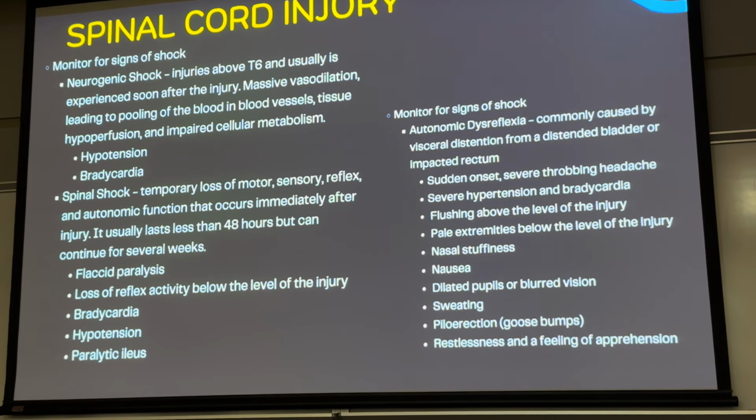Remember, in our neurogenic shock, we're trying to restore that perfusion level to prevent or reduce the risk for harm. So that's where those fluids are going to come into play. That's where that vasopressor support is going to come into play. Blood pressure support is going to come into play with that.